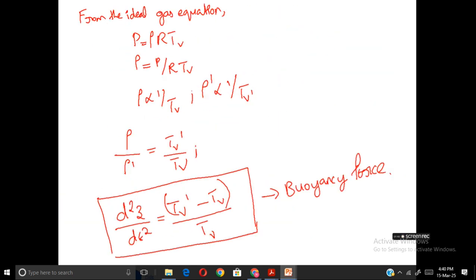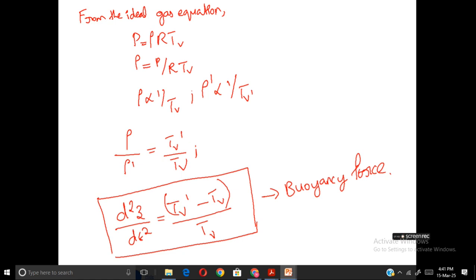So if you're solving it from here, it will come in terms of the virtual temperature, TV dash minus TV. So we can derive the same conditions like we did in terms of gamma. Like in the first case, if TV dash is greater than TV, then this term will be positive.